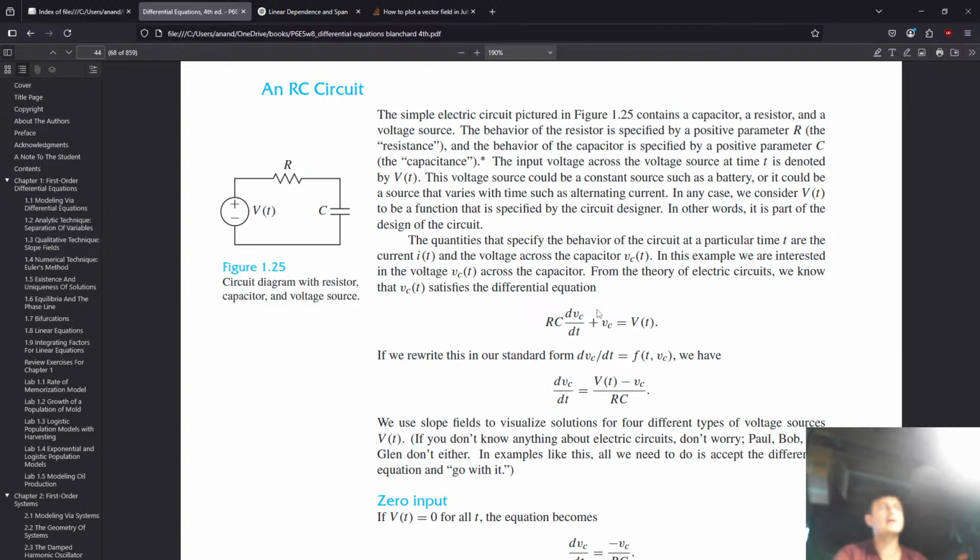I always forget. I don't know how many times I've looked at the differential equation for this.